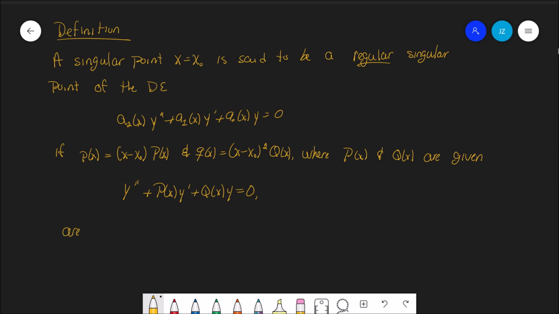So little p and little q are both analytic at x naught. So a singular point that is not regular is said to be an irregular singular point.